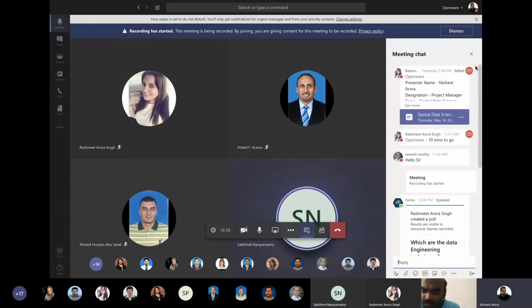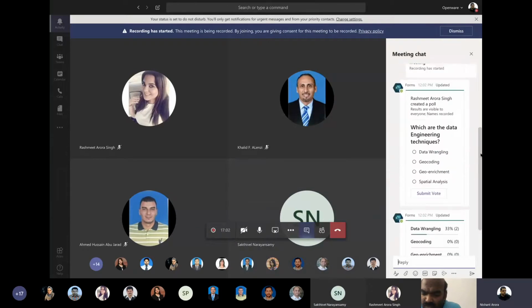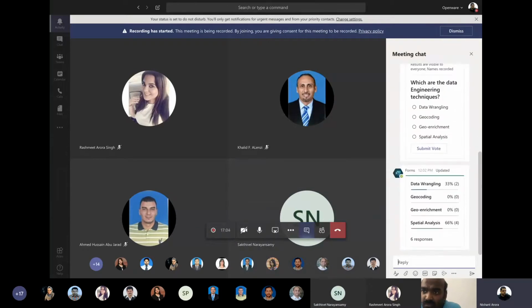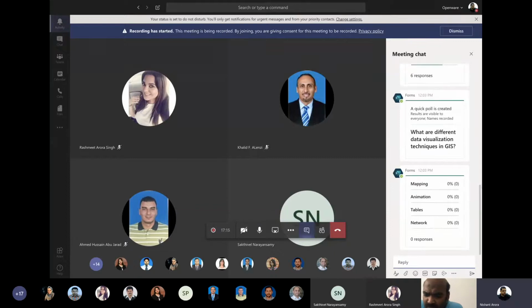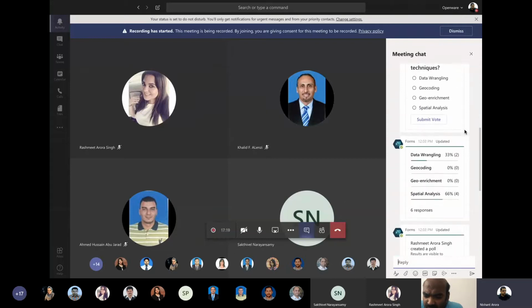Perfectly fine. So I got the answer for the first question, which are the data engineering techniques and data wrangling. Okay, good. Spatial analysis, no. So data engineering techniques are wrangling, geocoding, and geoenrichment.